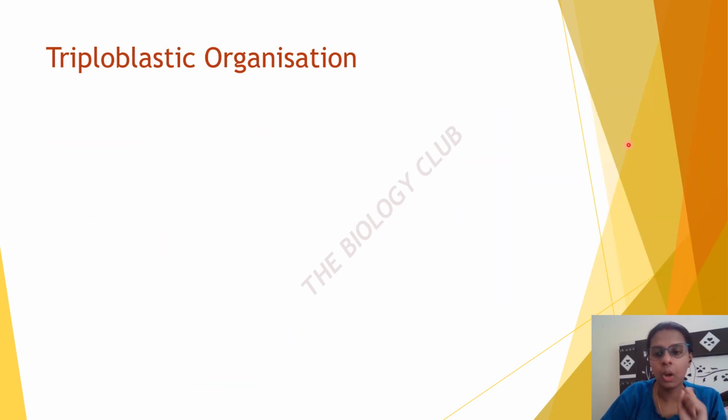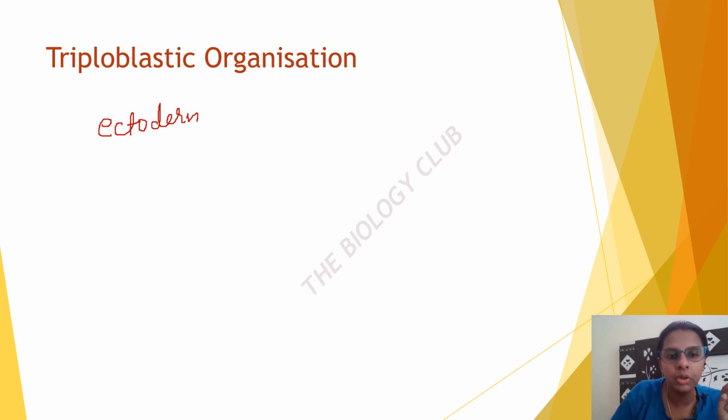Okay. Now let's talk about triploblastic organization. Triploblastic, now three things are here. Triploblastic means three things are here. Now here the animal in which the developing embryo has a third germinal layer between the ectoderm and endoderm. So first the external layer is known as ectoderm. We all know that. Then the internal one is known as endoderm.